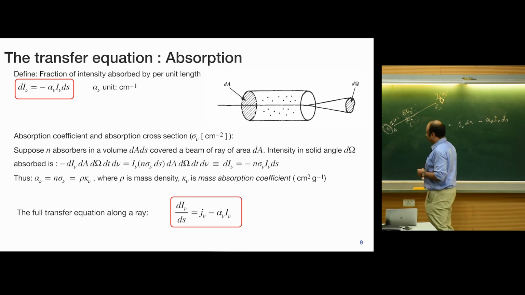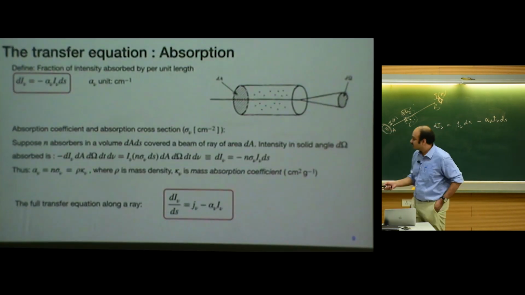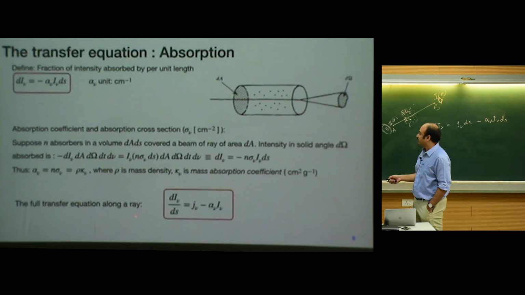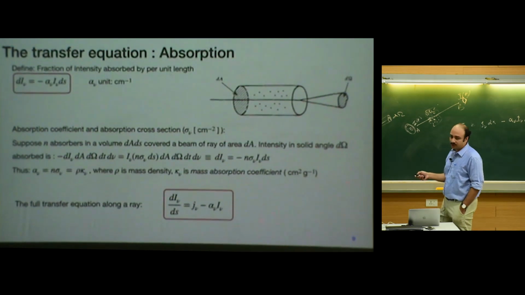Divide by ds, and you get the equation of radiative transfer along a particular ray, which is dI nu by ds equals j nu minus alpha nu I nu.